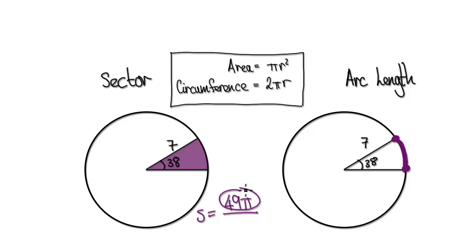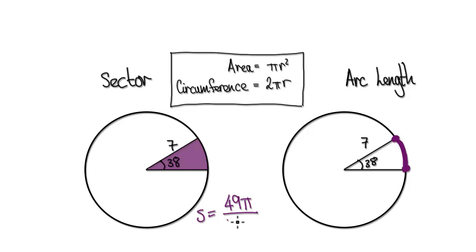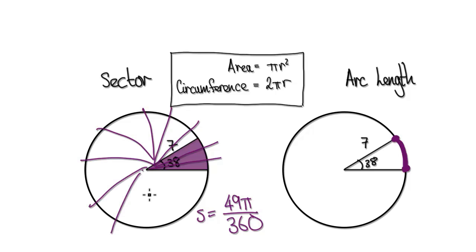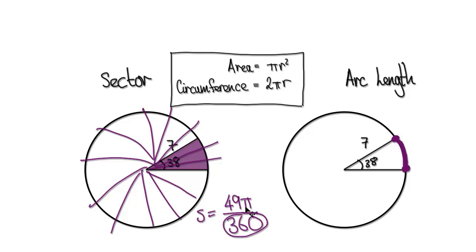This represents the area of the whole circle, and then you cut it up into 360 equal pieces, and then you get 38 pieces.